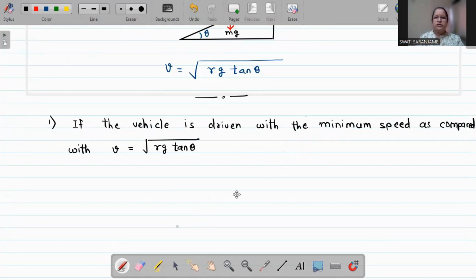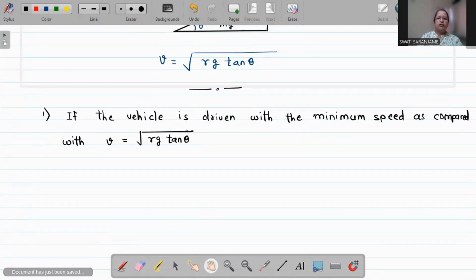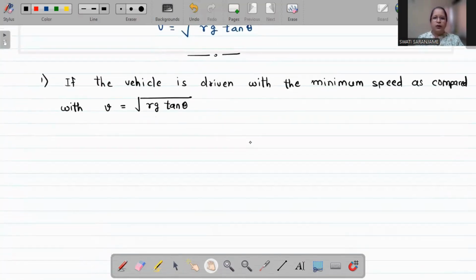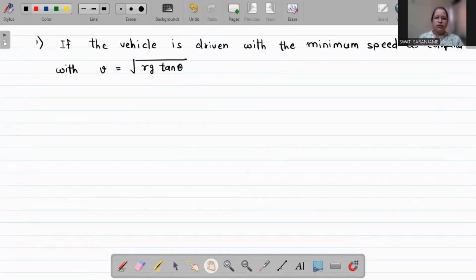The meaning of this is the vehicle is now being driven at a lesser speed than this, whatever value of v we get by substituting the values of theta, g and r. Now the vehicle is being driven at a lesser speed as compared with this. Okay, so let's draw the necessary figure because that gives you a complete idea. So let's do that.